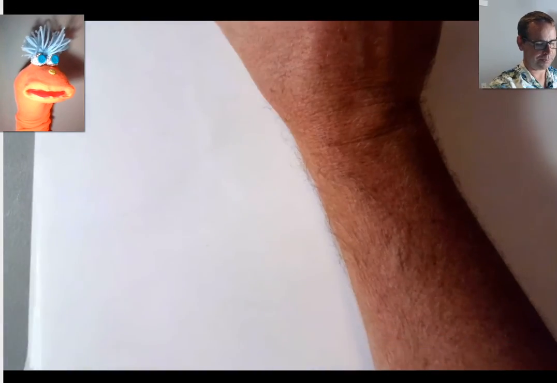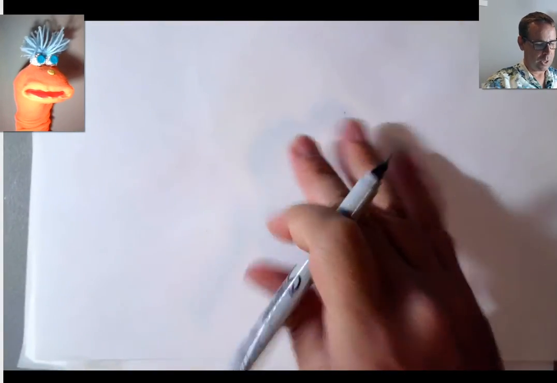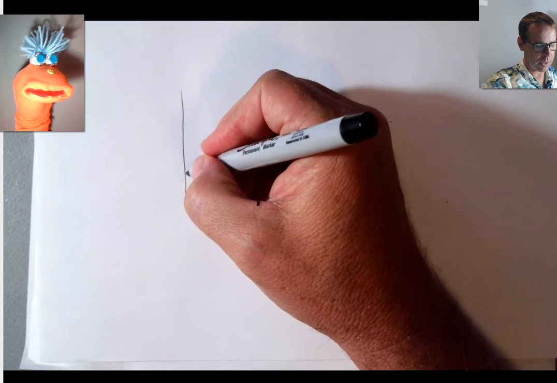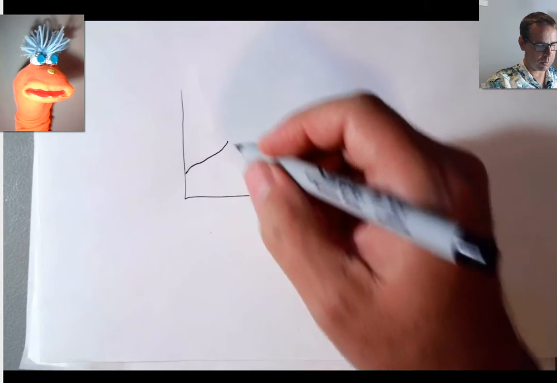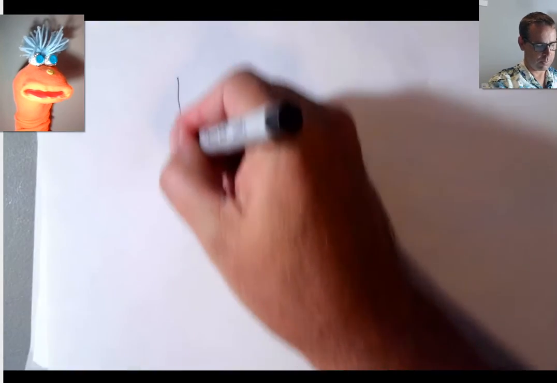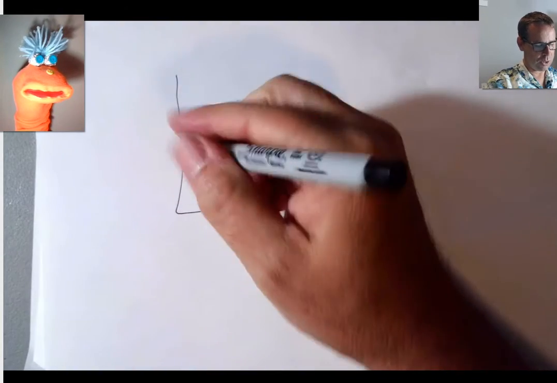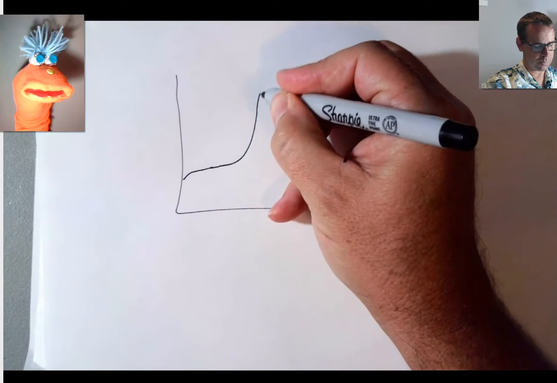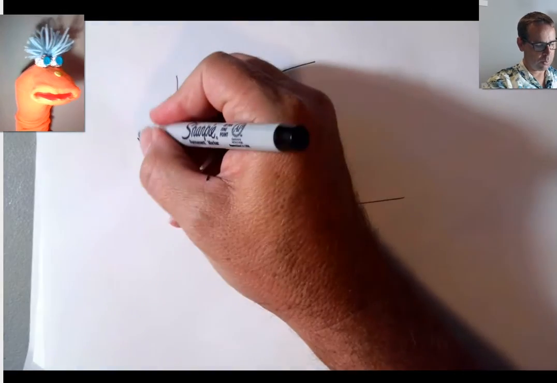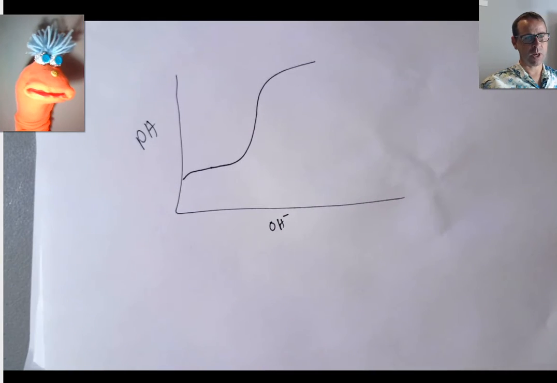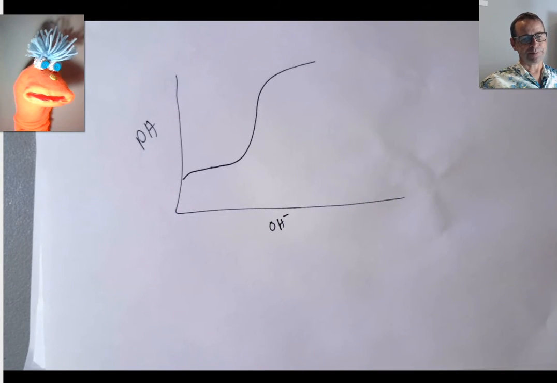Again, as far as a titration curve is, if you start off with a weak acid and you get, oh, that's a bad drawing. And you get something like that, where we're monitoring pH as we add hydroxide ion, right?